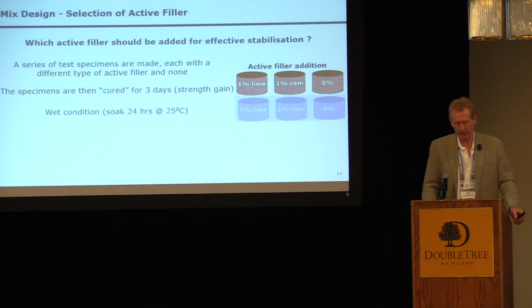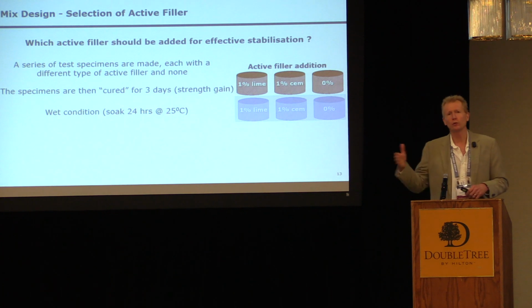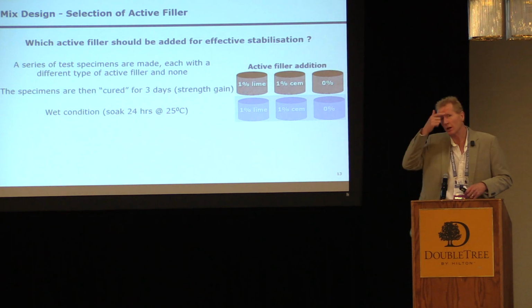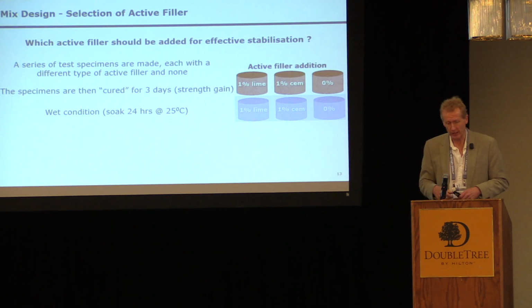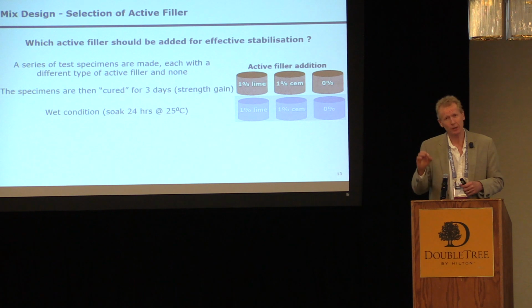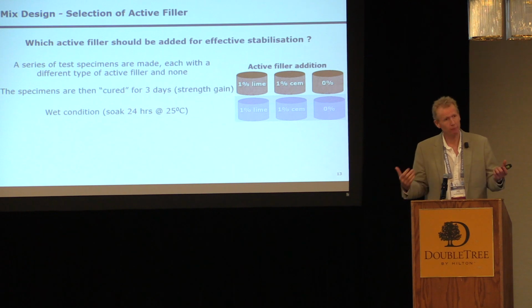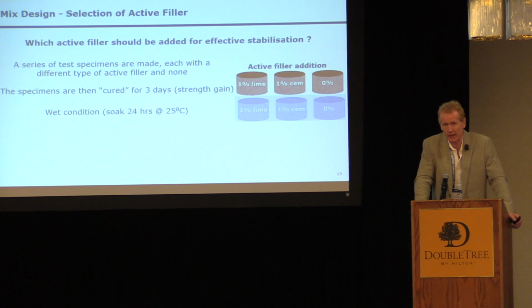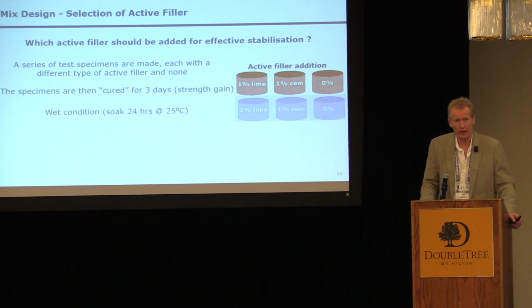When one has these specimens, then you run through the process that I showed on that little flow chart. So the first step in that process would be to look at the mix design, and you have a typical binder content of bitumen, but with 1% cement or 1% lime, if you have both those active fillers available, or whatever else you like, and also the addition of no active filler.